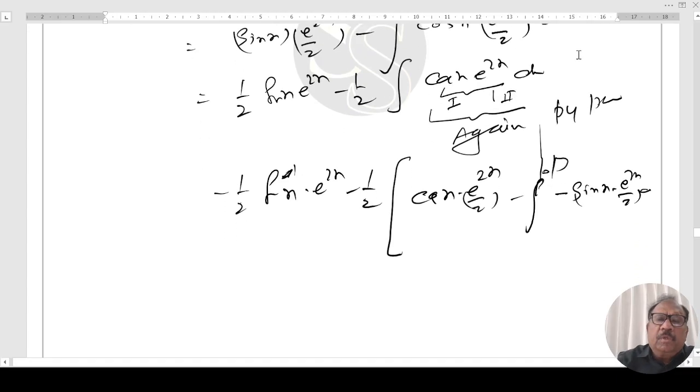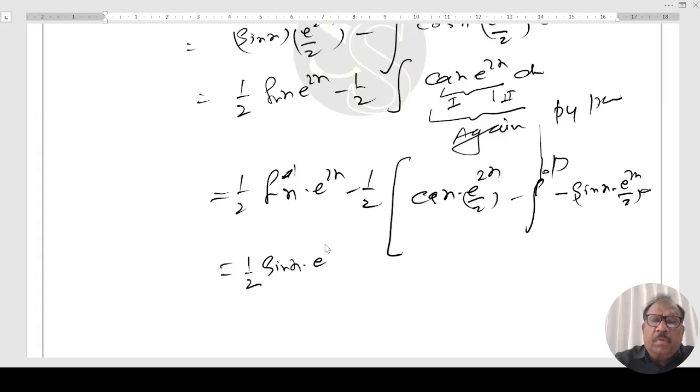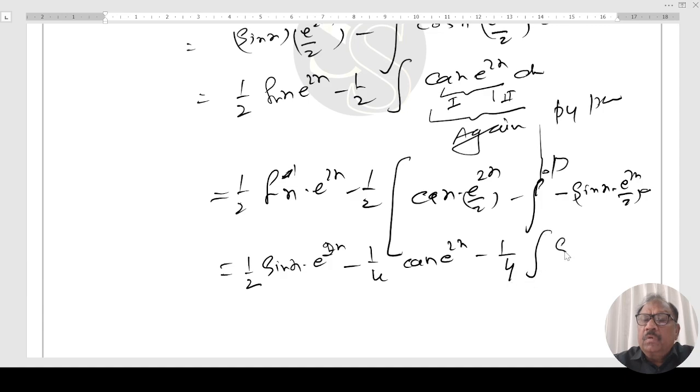On further simplification, this is equal to 1 by 2 sin x into e की power 2x minus 1 by 4 cos x e की power 2x minus 1 by 4 integration of sin x into e to the power 2x dx.